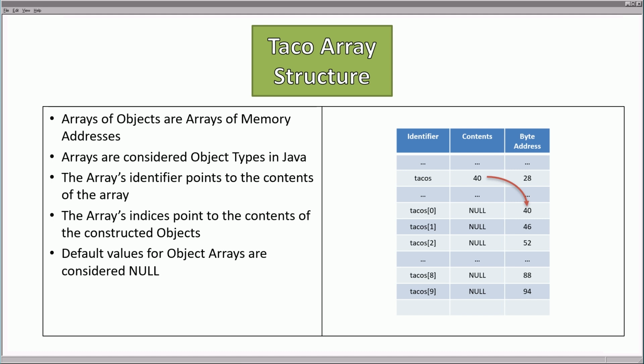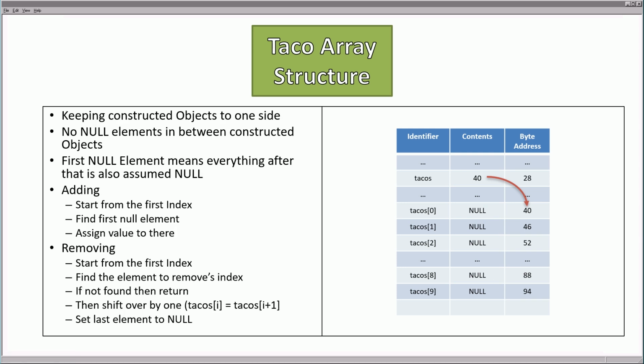So just like all class types, the identifier only holds a reference to the contents. Furthermore, an array of class types, in other words, an array of objects, contains memory addresses that refer to the object itself. The default values for object arrays are all considered to be null.